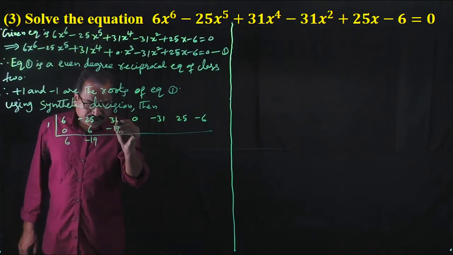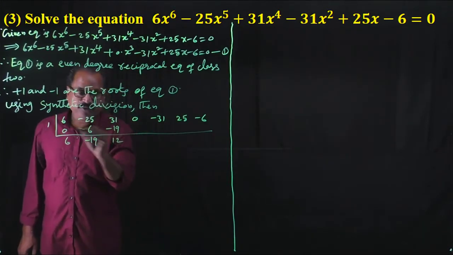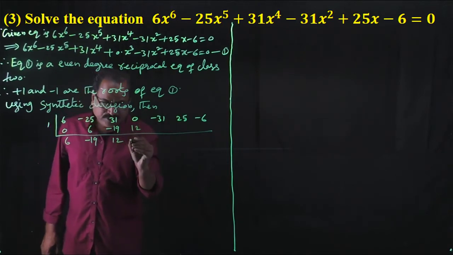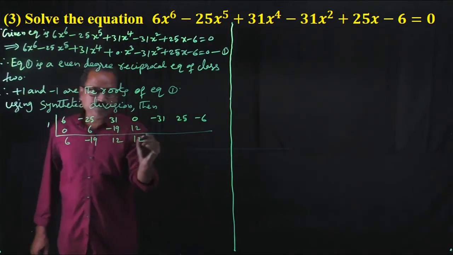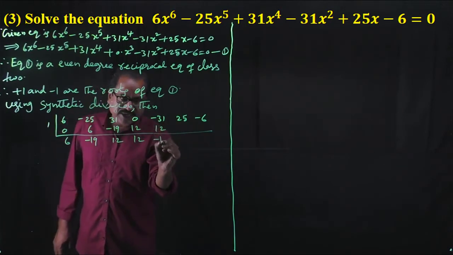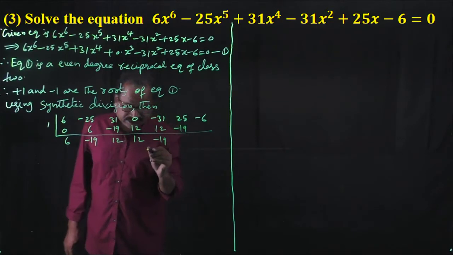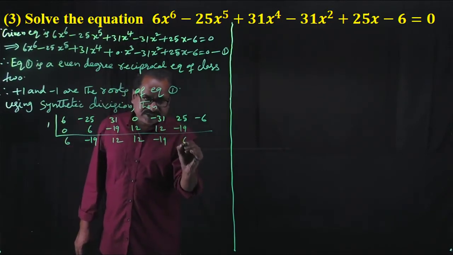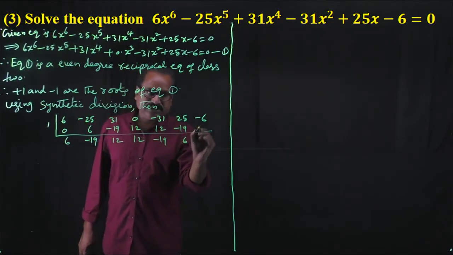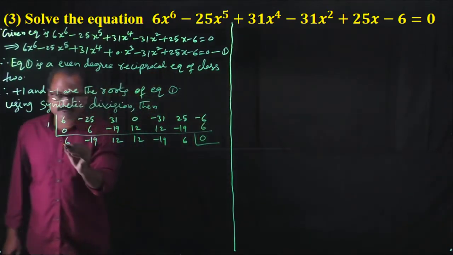So 31 minus 19 is 12, 1 into 12 is 12, adding 12. 1 into 12 is 12, minus 31 plus 12 is minus 19, 1 into minus 19 is minus 19, plus 6, 1 into 6 is 6, minus 6 plus 6, you get 0.